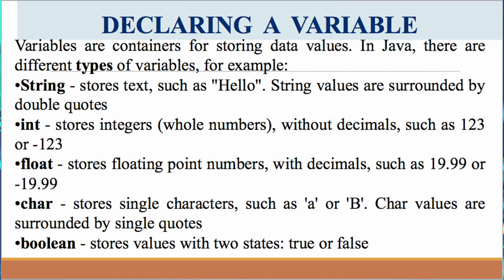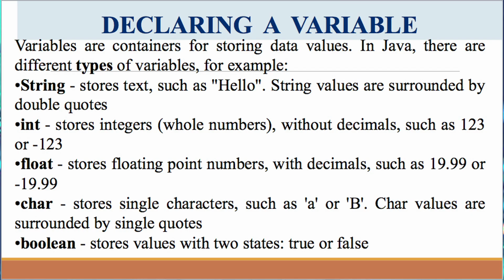Now integer stores whole numbers without decimals, such as 123 or minus 123. So both are integers. An integer may be negative or positive; we can use a plus sign or a minus sign, but they are whole numbers. A decimal point will never be allowed in case of an integer.